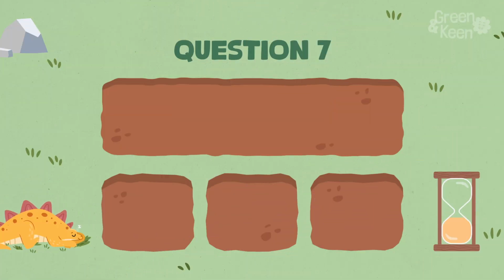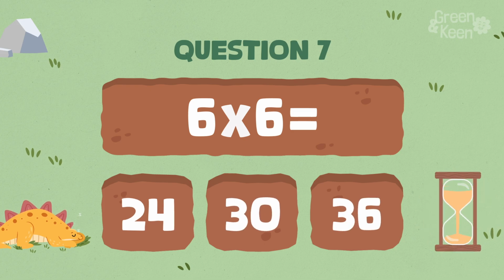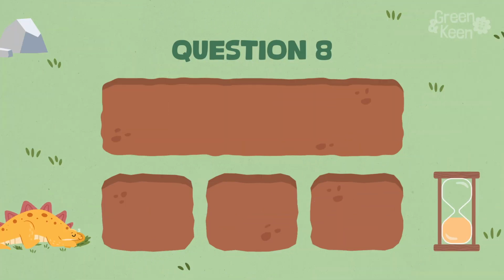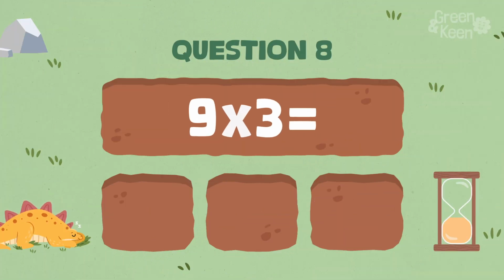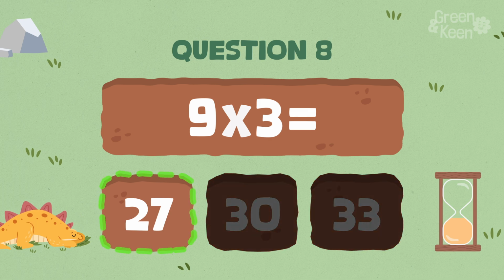Question number 7. 6 times 6 equals... The answer is 36. Question number 8. 9 times 3 equals... The answer is 27.